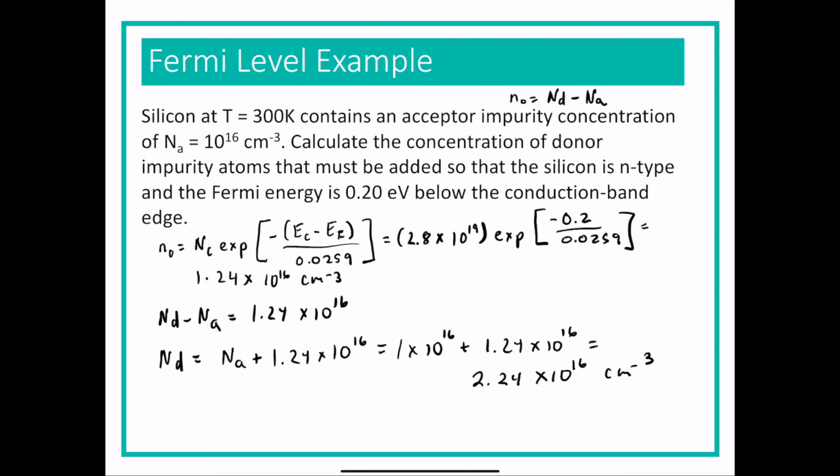That is all we need to talk about. I think I finished chapter 4. I believe that's the end of chapter 4. And chapters 5 and 6 are not as complicated as 4. Chapter 5 covers current and how we get current, and then chapter 6 covers non-equilibrium conditions, of which we don't talk about much.